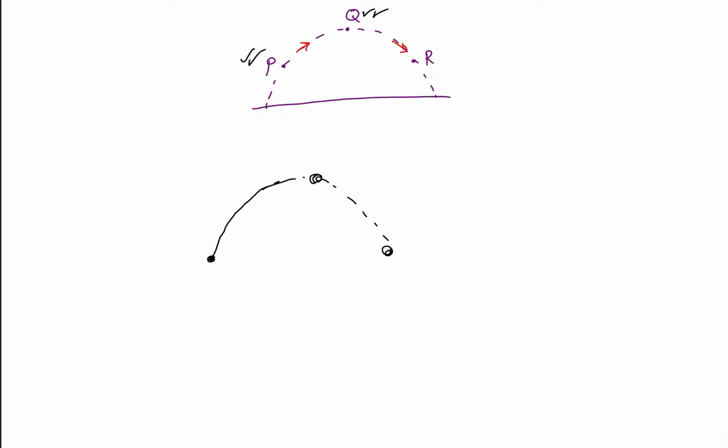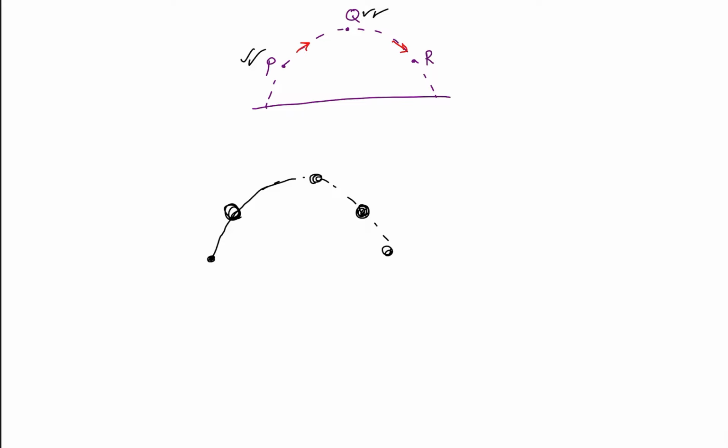So in the absence of any other forces, the velocity of the ball at the same point in the air going up is equal to the velocity in that position coming down, but just in the opposite direction.